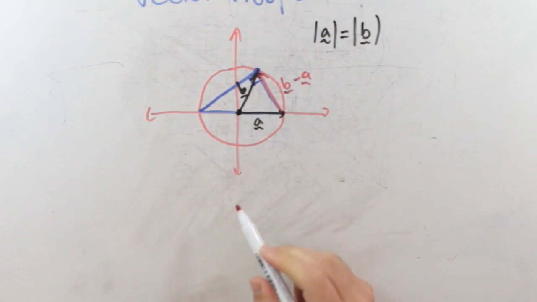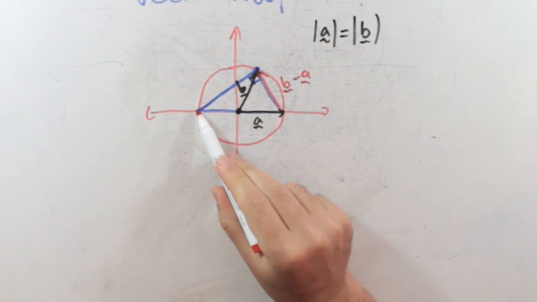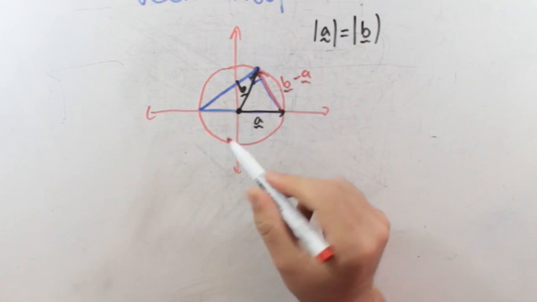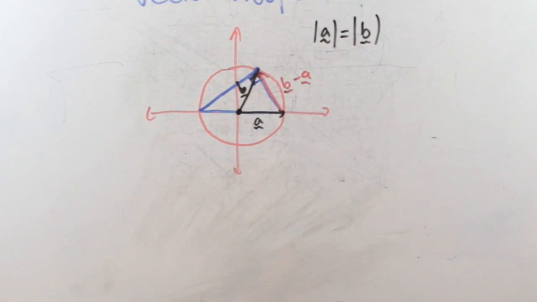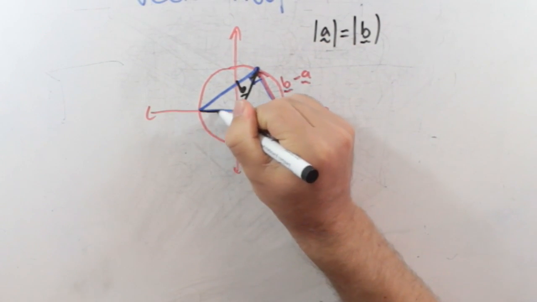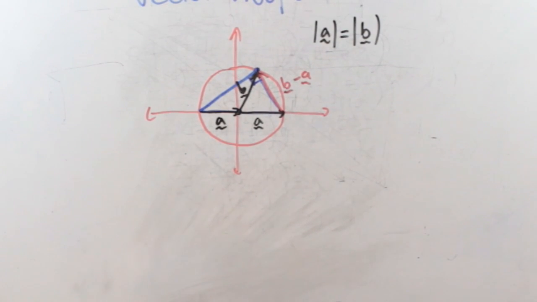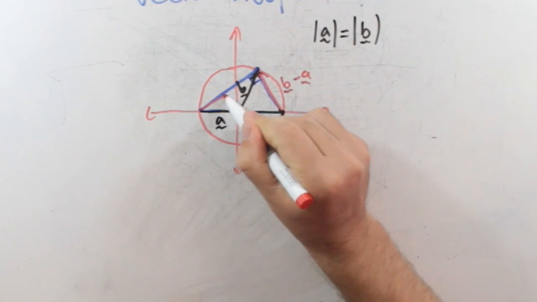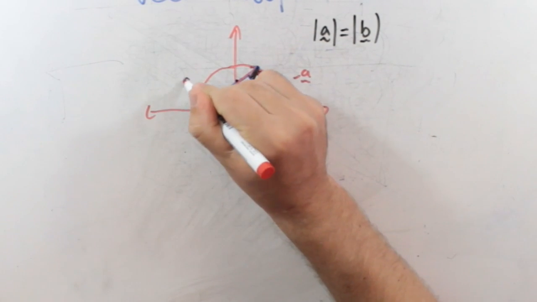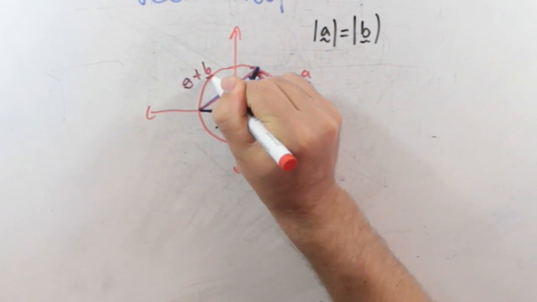And this vector, I've got to go a plus b, because this vector here is also a. So we've got this vector being vector a plus vector b.